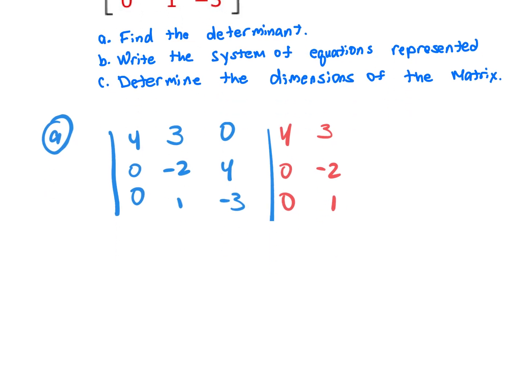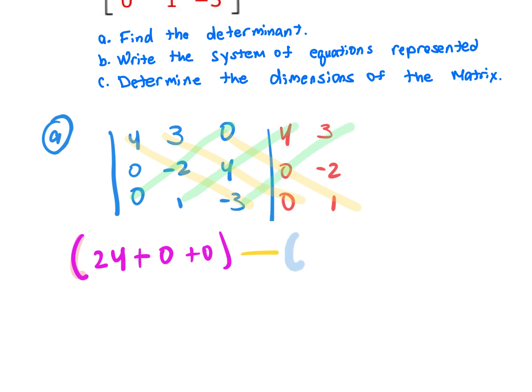And it's going to be major minus minor. So here's my 3 majors. I'm going to multiply those together and combine. So 4 times negative 2 times negative 3. Well, that's going to give me 24. Plus 3 times 4 times 0 is 0, and 0 times 0 times 1 is 0. Then I have minus, and then my 3 minors right here.